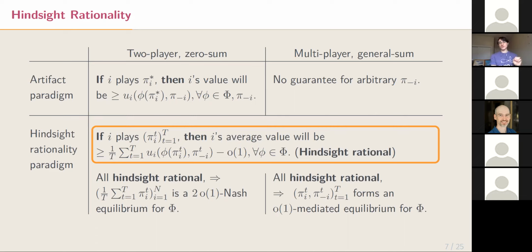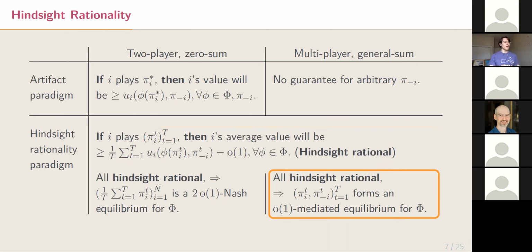And this rationality, in fact, gives us slightly different but also meaningful equilibrium properties that we can talk about. So if all players are hindsight rational, then the sequence of strategy profiles that were generated over time forms an approximate mediated equilibrium for phi.